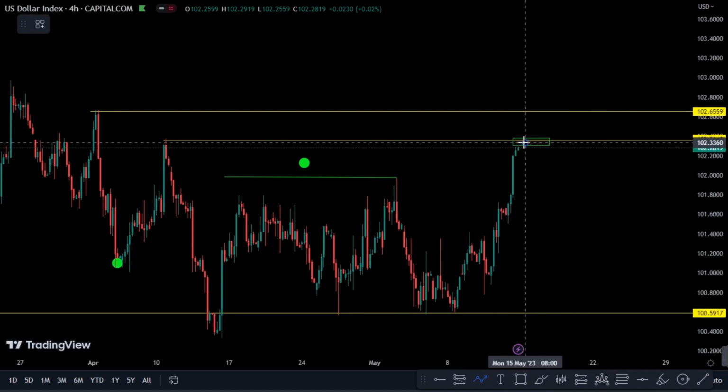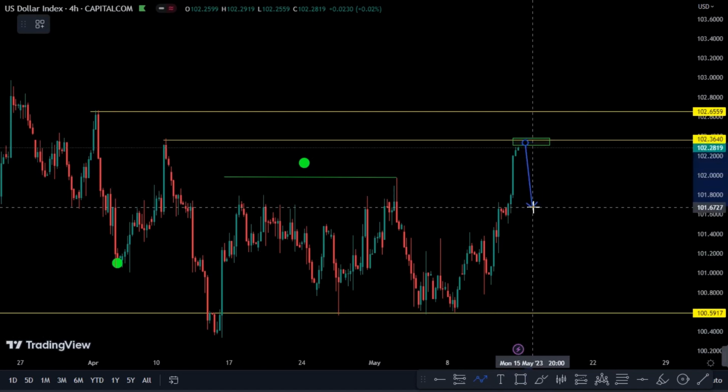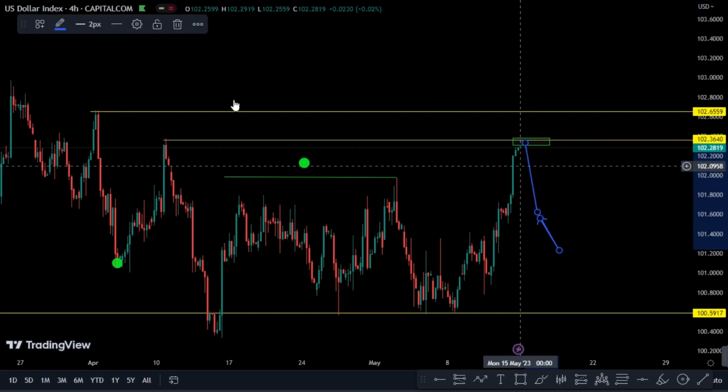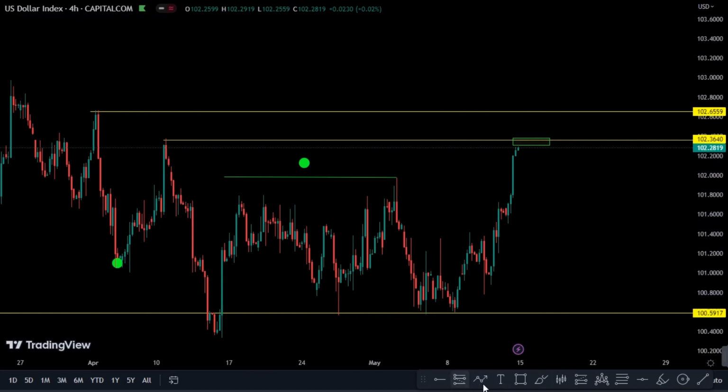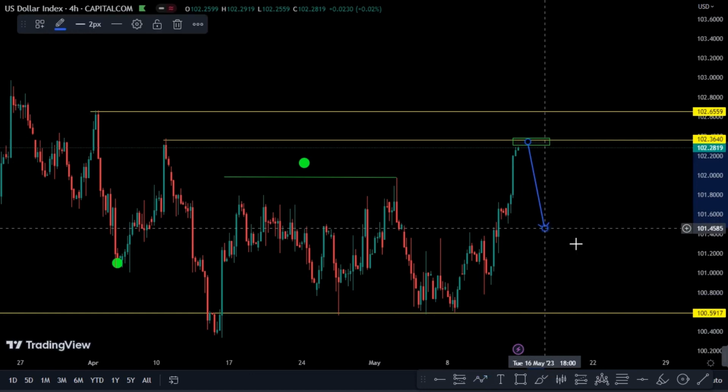We would anticipate a reaction of this market from here to this area here.